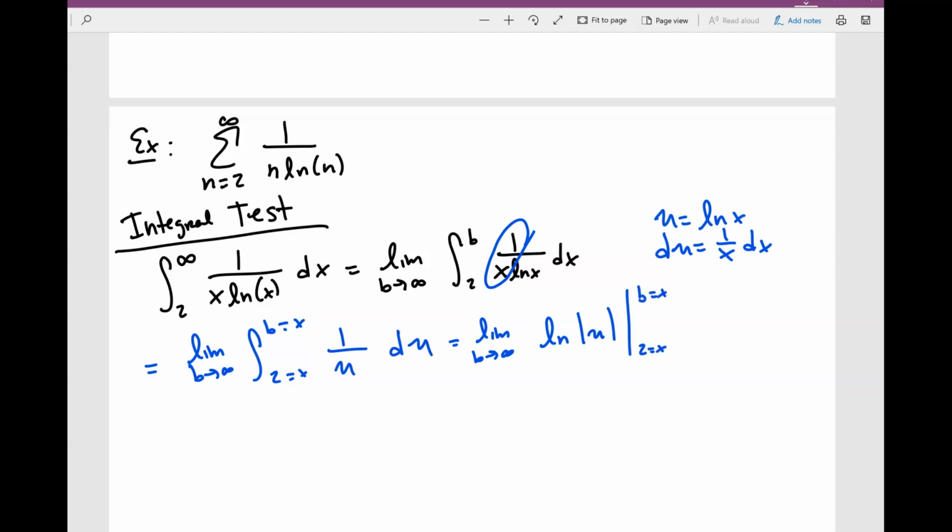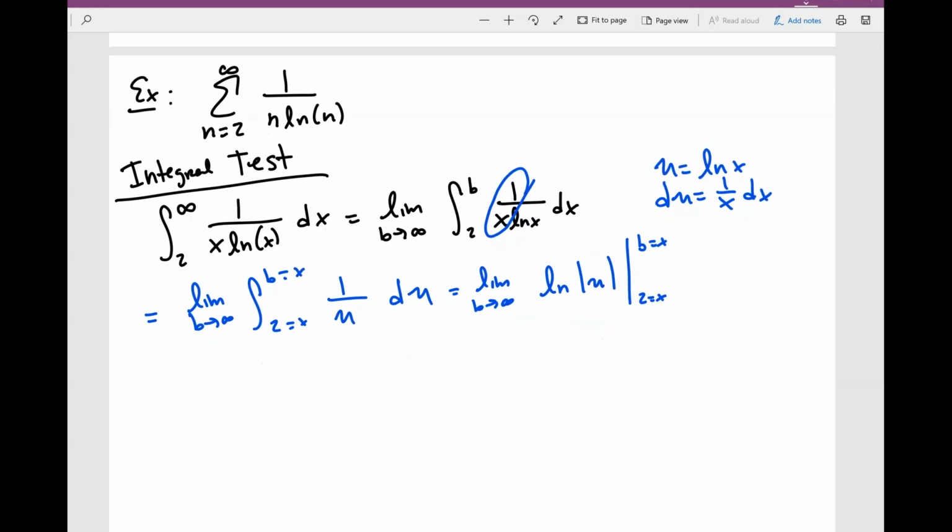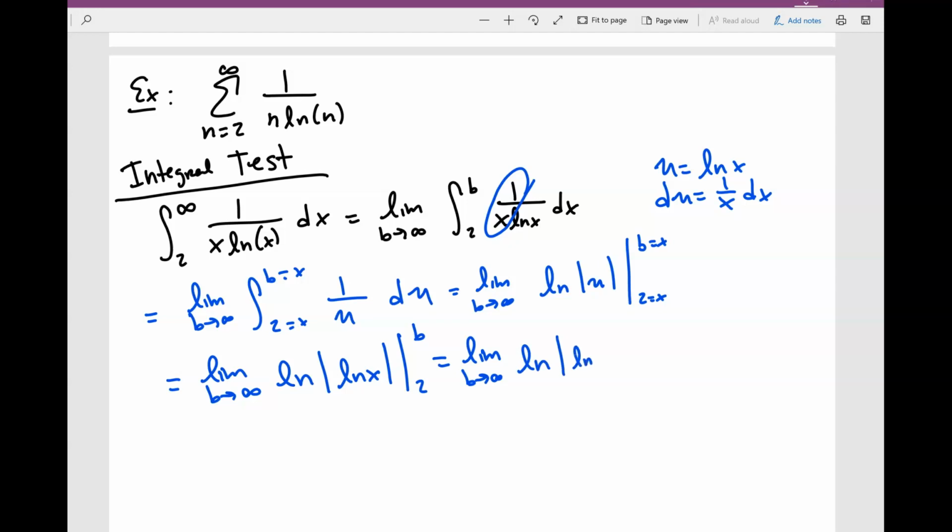Now let me plug in what u was. I get the limit as b goes to infinity of ln of x between 2 and b. And now all we have to do is plug them in. Limit as b goes to infinity of ln of b minus ln of 2.